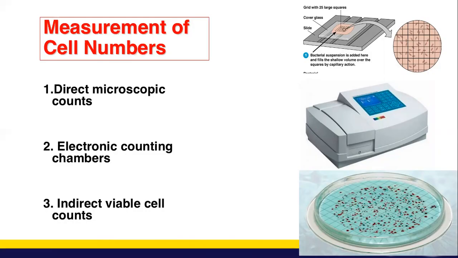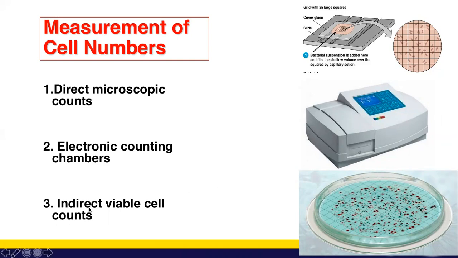So these are possible using special slides known as counting chambers, similar to what we use in hematology, the Neubauer chamber. Okay? Then we have the electronic counting chambers. So it counts numbers and measures size distribution of cells. But this is more widely used in hematology.